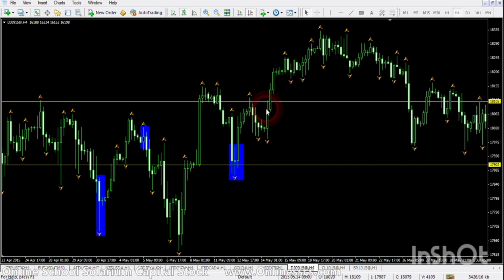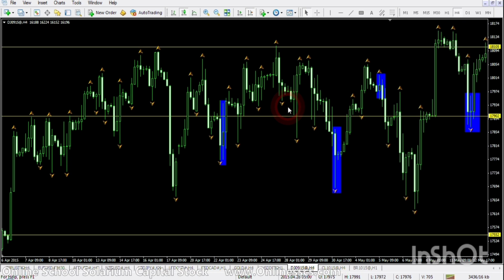I said that when it moves like this, there should be a high to say that this is the end of your trend, like we had the example so many times.